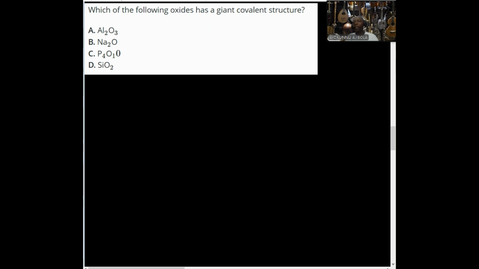Any element that is tetravalent can be considered to form giant structures, and they can combine with several others. If you consider carbon, carbon is tetravalent because it's 2,4.